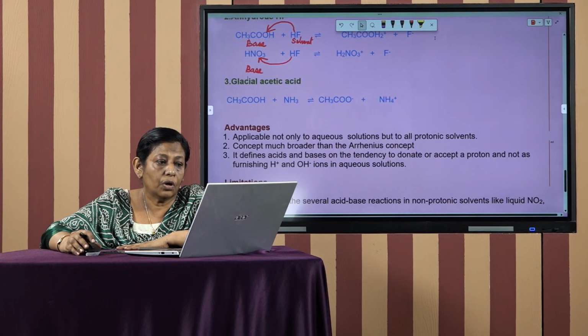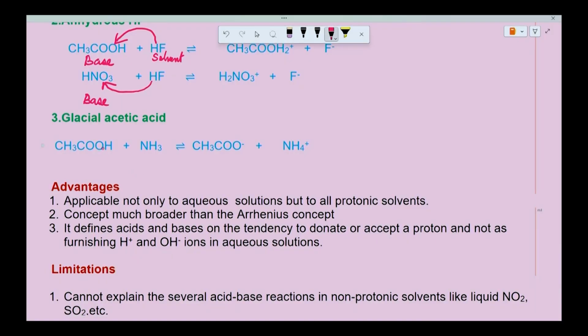Now, let us go for the glacial acetic acid. Glacial acetic acid, so this is a solvent. Okay, when I add ammonia, which is a very weak base in aqueous solution or in water, you can see that this ammonia readily accepts a proton because it is basic in nature, and therefore acetic acid readily protonates ammonia and ammonia gives NH4 plus ion.